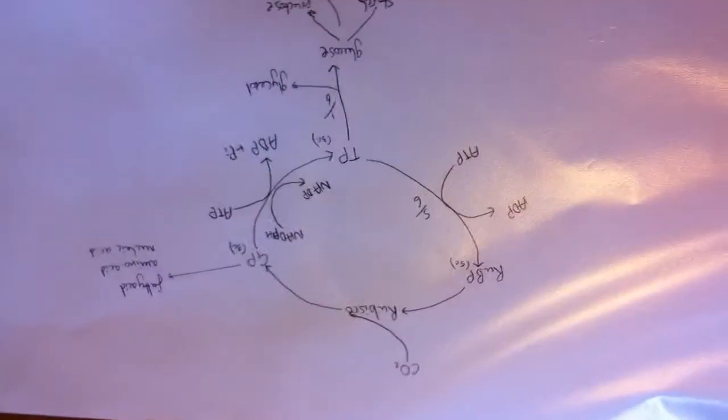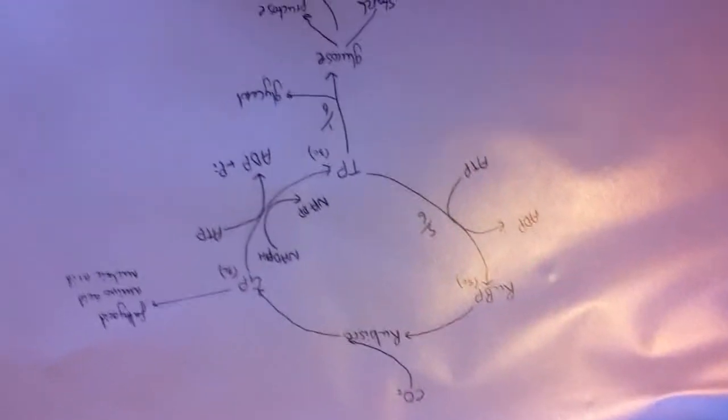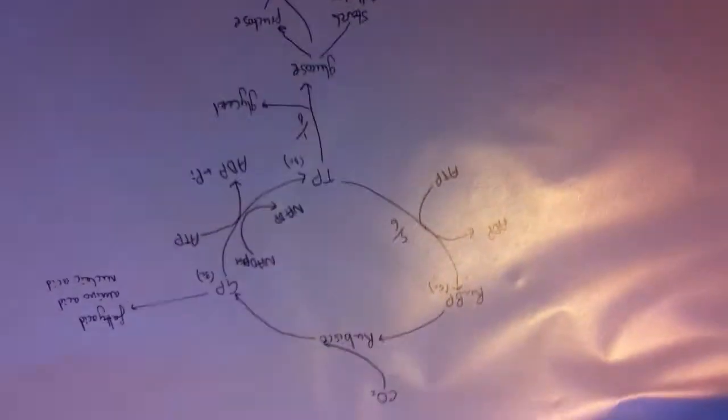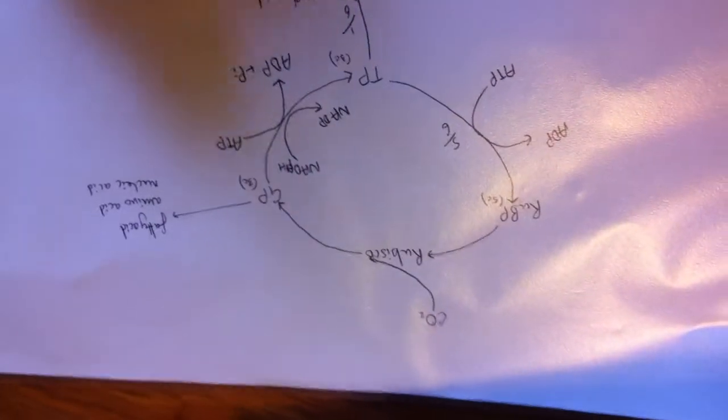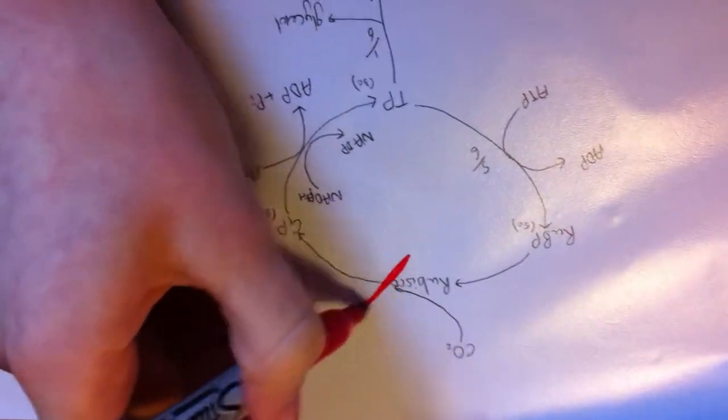So now we're going to look at when CO2 is a limiting factor. When CO2 is a limiting factor, you end up with this reaction not being able to happen.